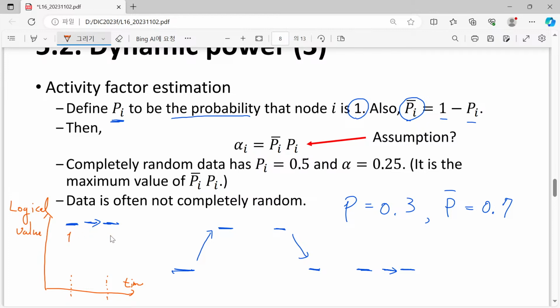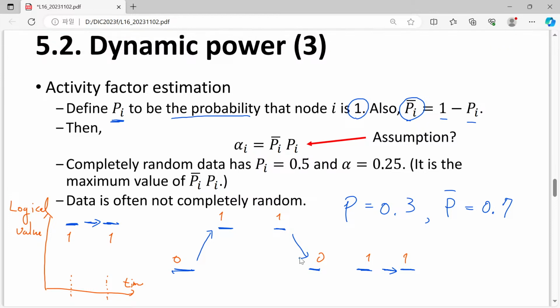So this is a 1 to 1 transition, and this is a 0 to 1 transition, a 1 to 0 transition, and a 1 to 1 transition. So which one is considered as switching, and which one is just staying at the previous case? You know that this is staying at the previous case, and this one is 0 to 0. So this is regarded as staying at the previous case.